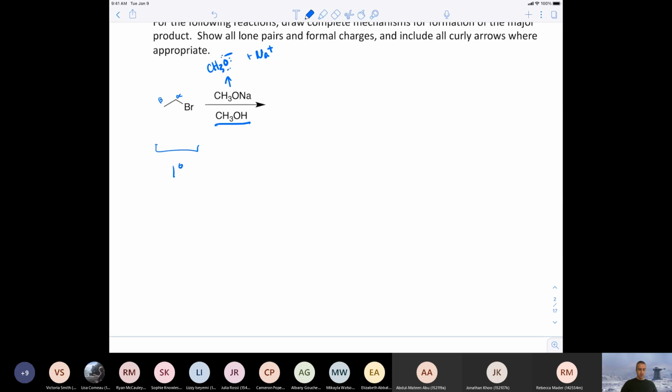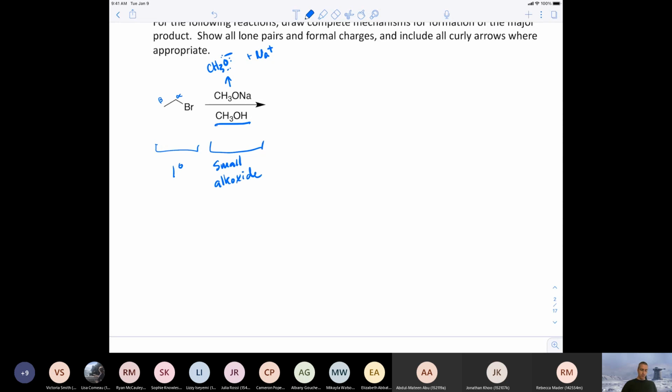So here we have sodium methoxide in methanol, right? So they're an acid-base pair. If you see this negatively charged thing up top, forget about the protic solvent on the bottom. It's going to be the active thing that's going to force this reaction. So I would say that that would be small alkoxide.